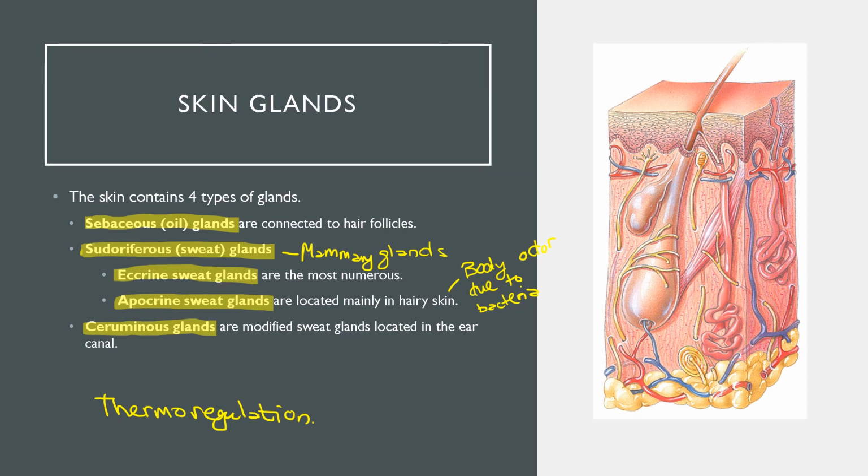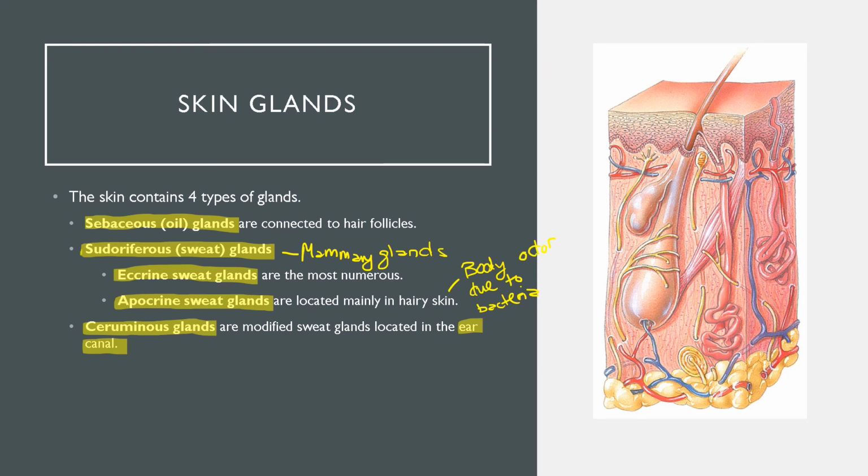Okay, now the final type of skin gland is the ceruminous gland. These are modified sweat glands as well that are located in the external ear, in the ear canal. Now they produce a waxy lubricating secretion.